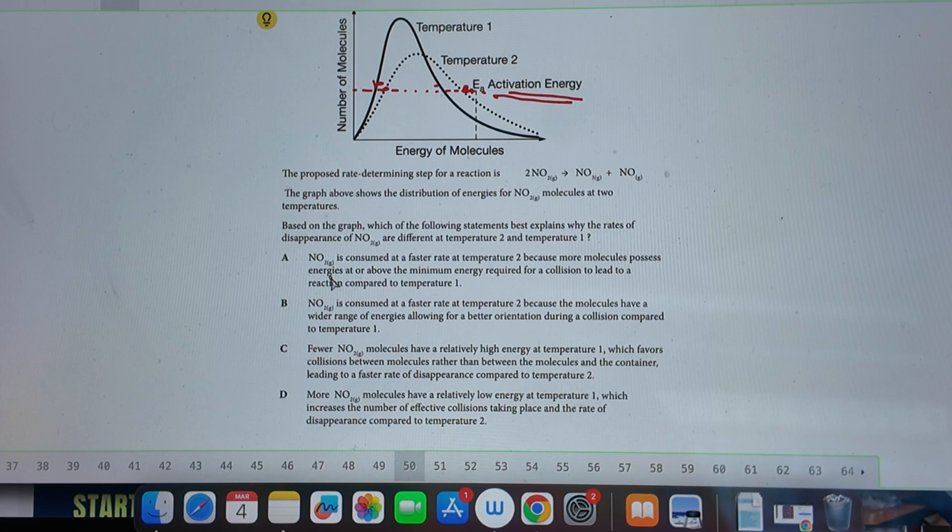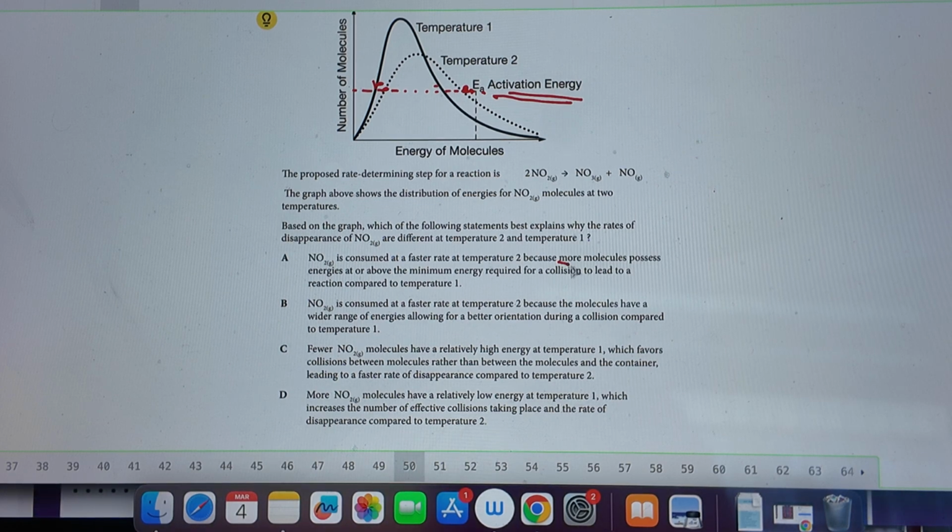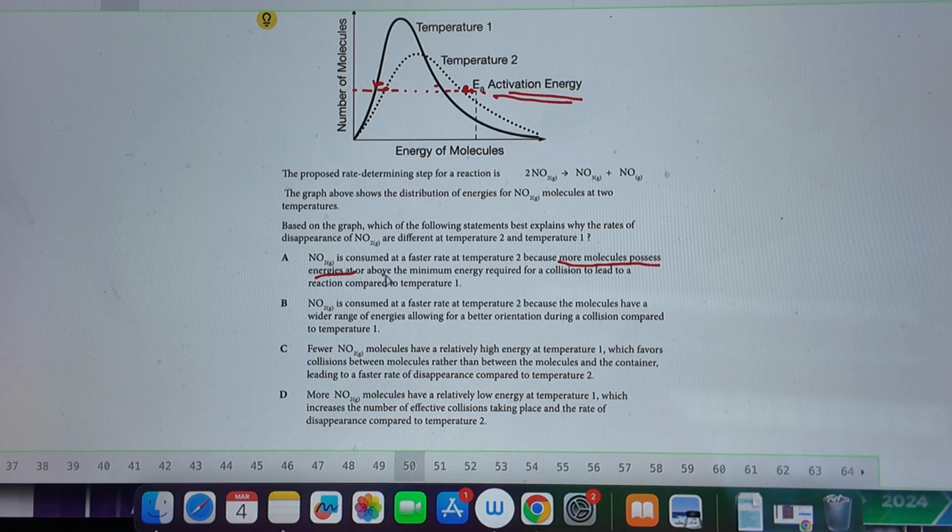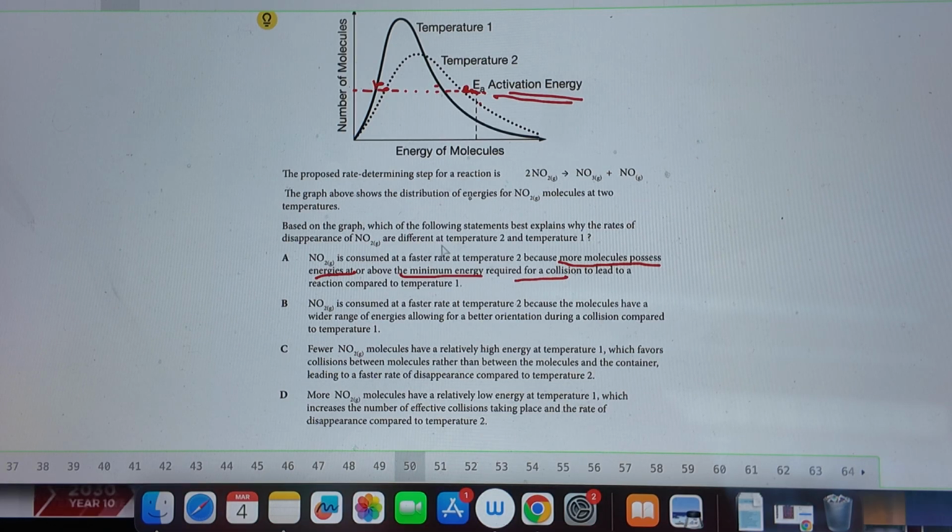Based on the graph, there are more molecules at temperature 2 that meet the activation energy or above, which is the minimum energy required for a collision. I'm going with A.